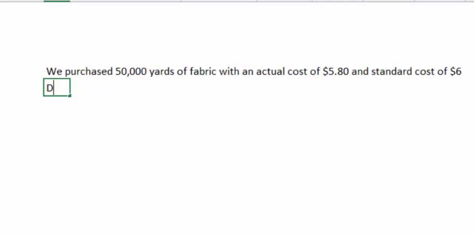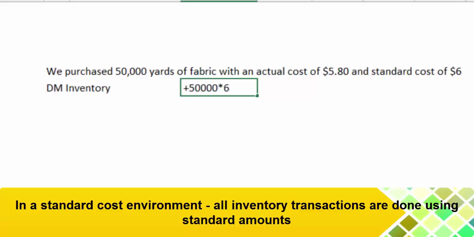We're going to increase our direct materials inventory with a debit of 50,000 yards times 6. In a standard costing environment, we always do our journal entries throughout the inventory process through cost of goods sold at standard cost. So this is $300,000.